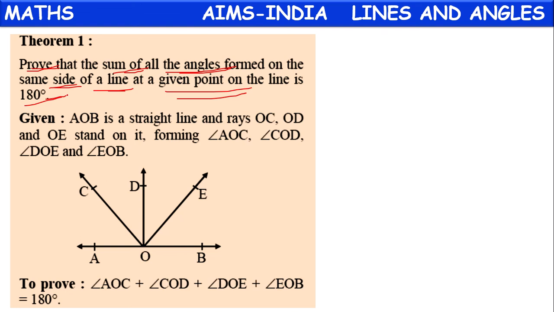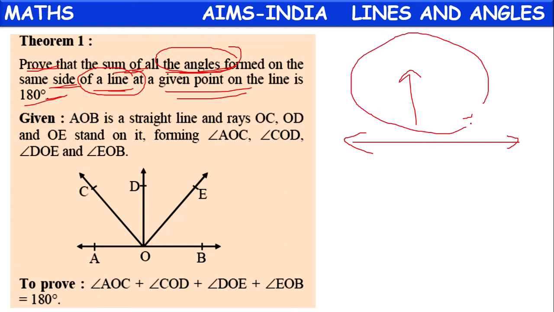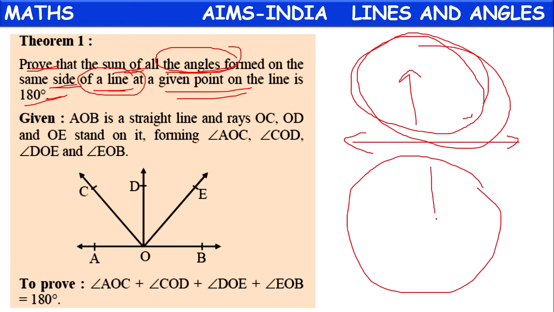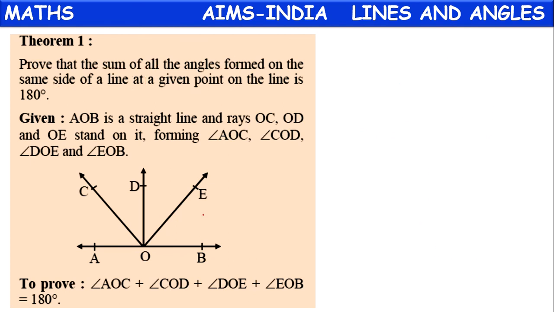Suppose a line is there, this part belongs to the upside of the line, and this part belongs to the downside of the line. All the angles formed on the upper part or the downside part of the line, their sum equal to 180 degrees, that we have to prove.